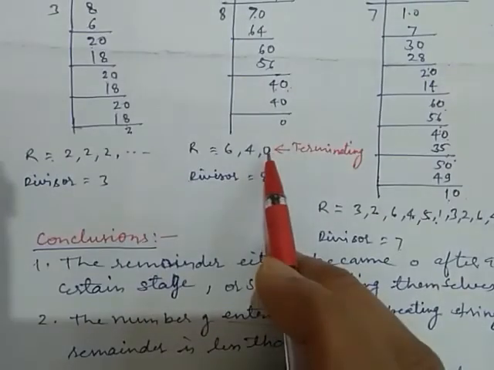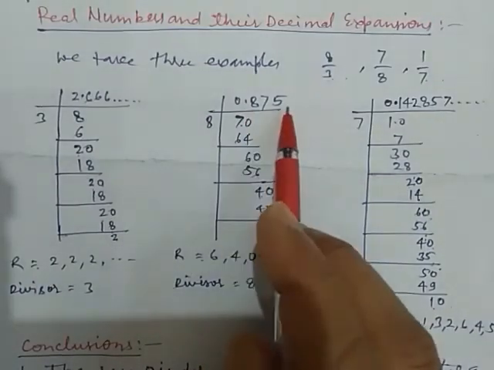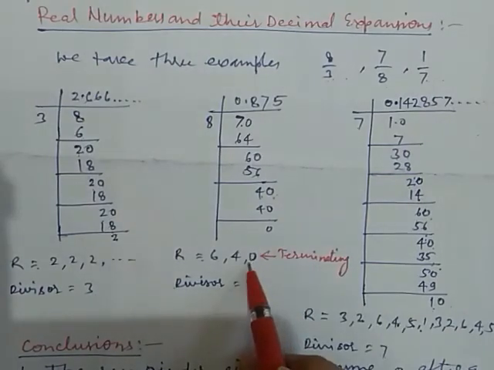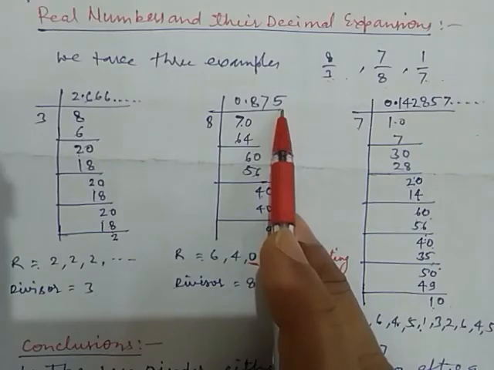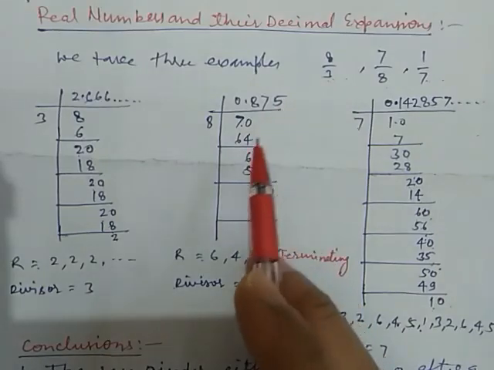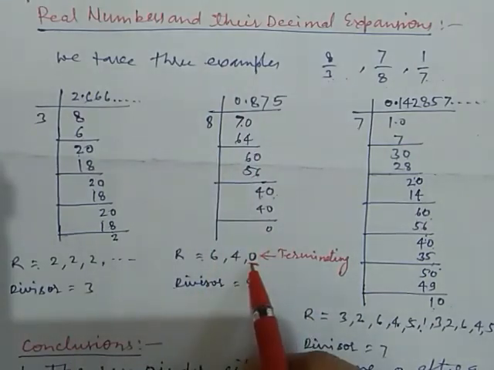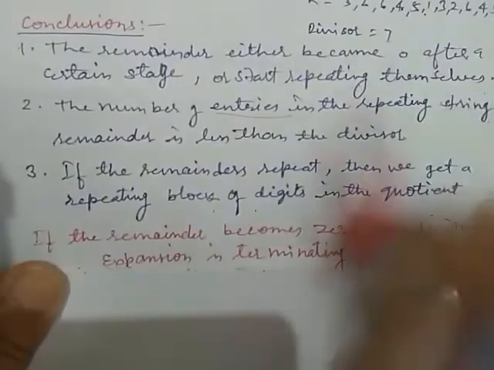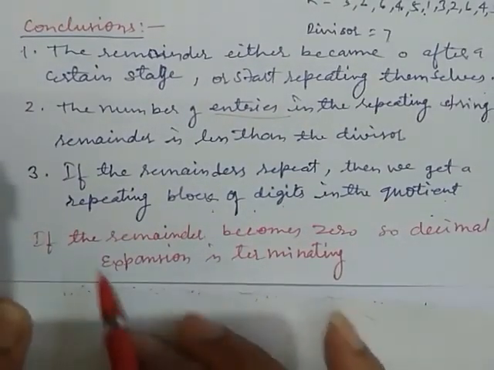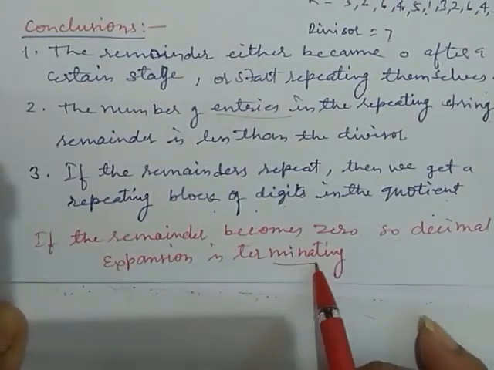As here the remainder becomes 0, the decimal expansion is terminating. So this 0 indicates that this decimal expansion is terminating. Okay, so if we divide any number by another number and we get the remainder 0, it means the decimal expansion is terminating. This is our conclusion.